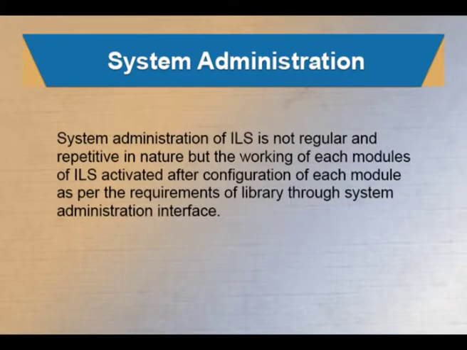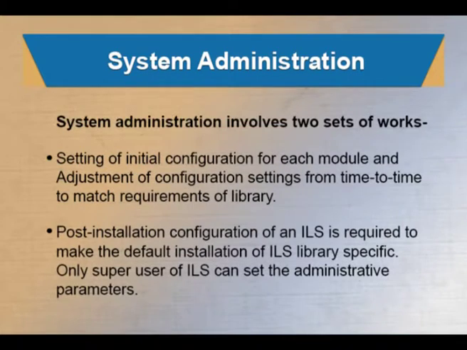Now, if we look into the system administration job related to library automation, it can be framed into two groups. In the first group, you need to define different kinds of parameters related to modules. Say, for example, you want to start the catalog module. Some configuration you need to select to start the catalog module.